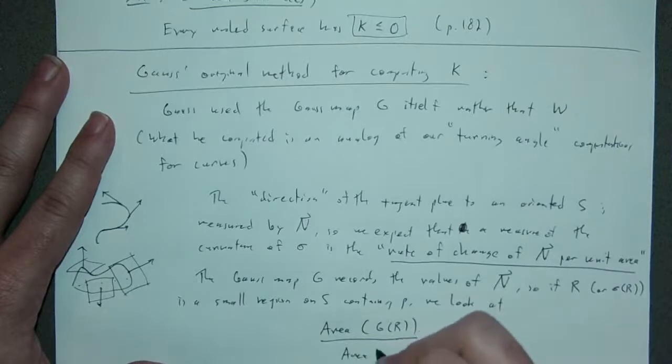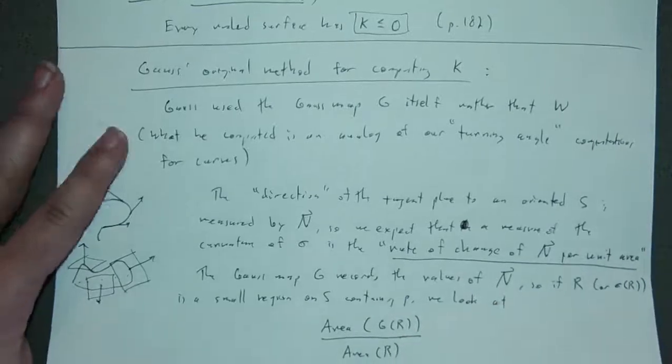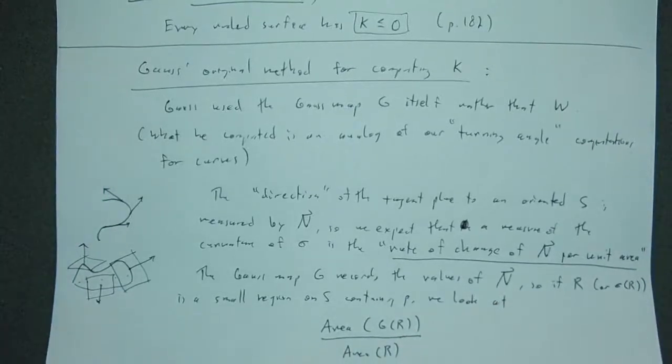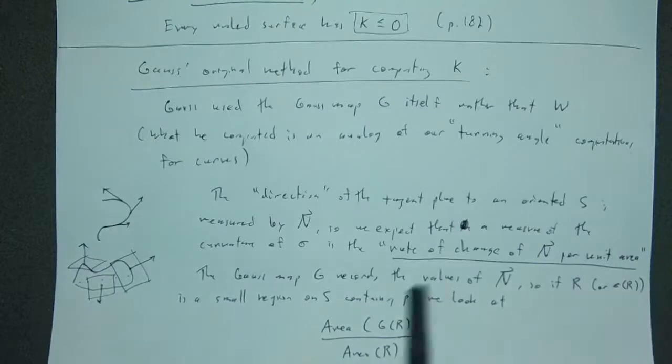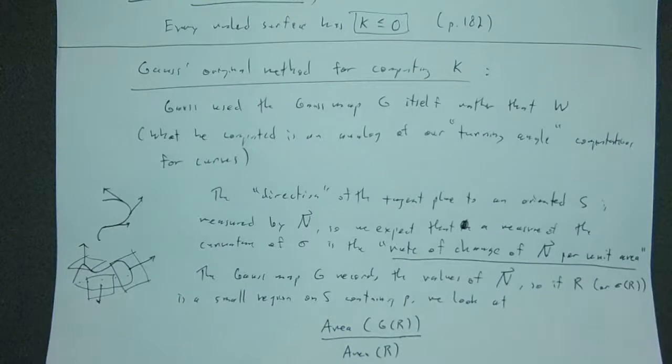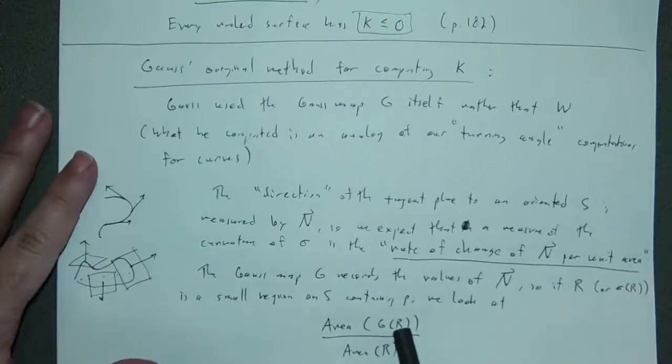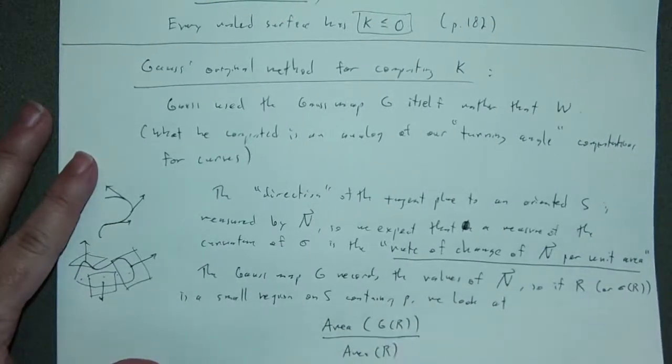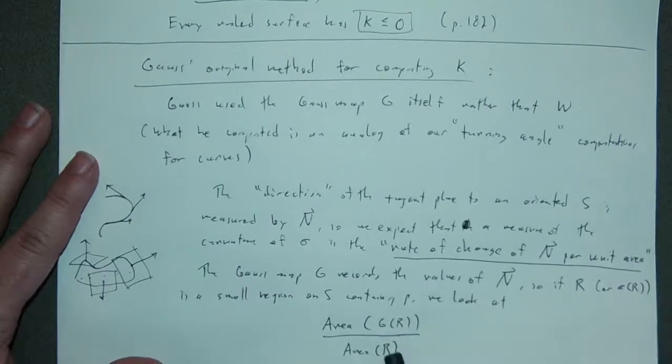the area of R. And this basically is measuring the rate of change of n per unit area, because it's taking the Gauss map, applying it to every single point in some region. That should give me some region on the sphere. Okay, I compute the area of that, and I divide it by the area of R itself.